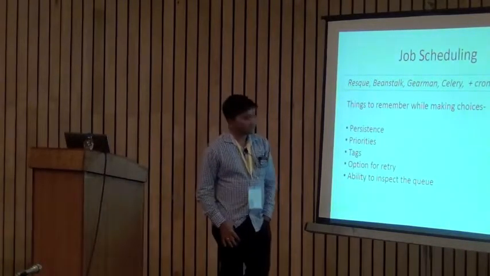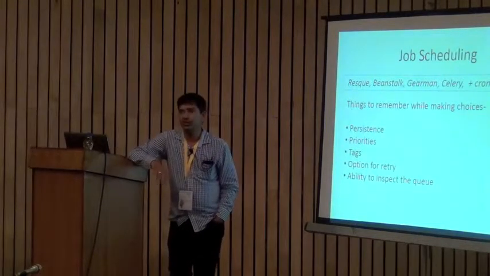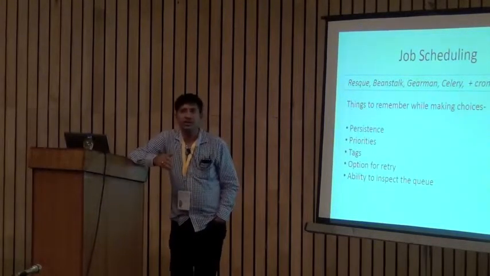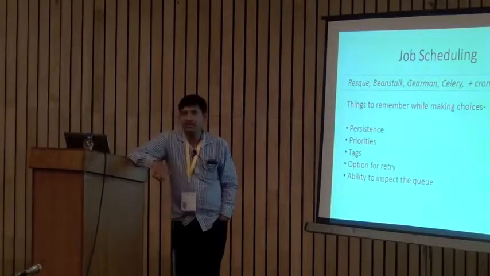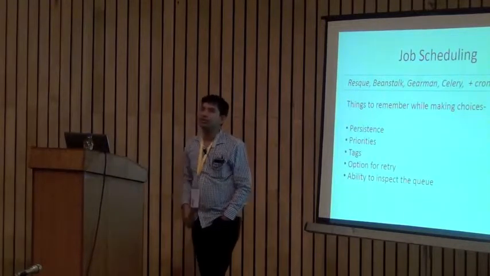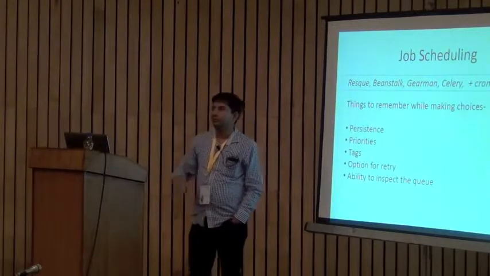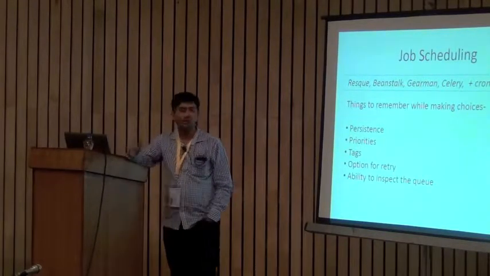Thing to take care of here is, once you make choices or try to pick a new system for job scheduling, you should see if it has consideration for priorities, if it has consideration for tags. Priority is some jobs you want to give more priority than others. It may be important, others can wait.